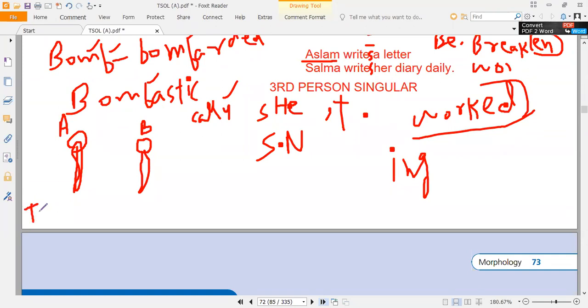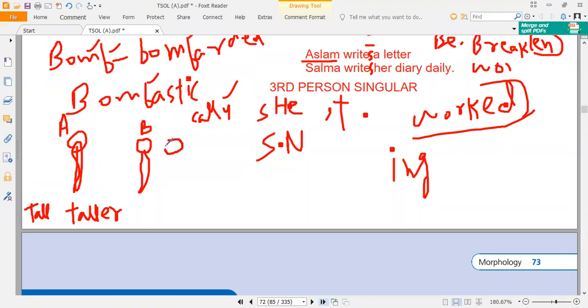I hope you already know about these positive, comparative, and superlative degrees. This is tall, and I'm not comparing with anybody, right? But if I want to say that A is taller than B, this is the comparative degree, because we compare one person or one thing with another. Only two things are there, yes. So I'll say A is taller than B.